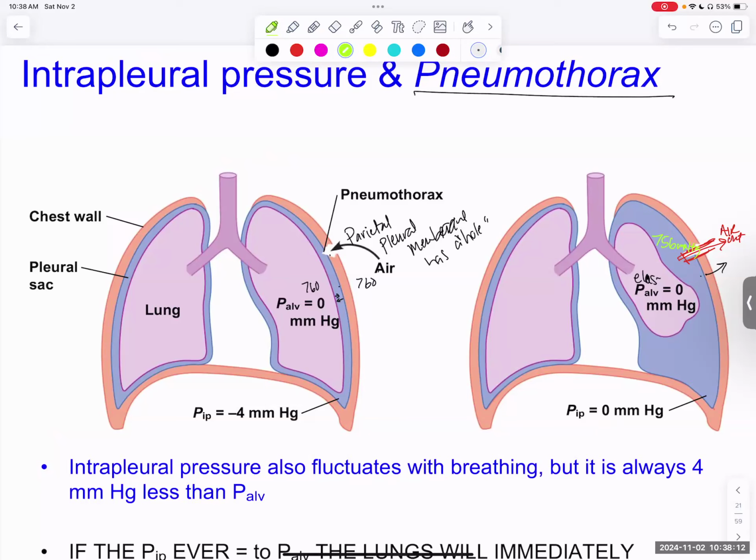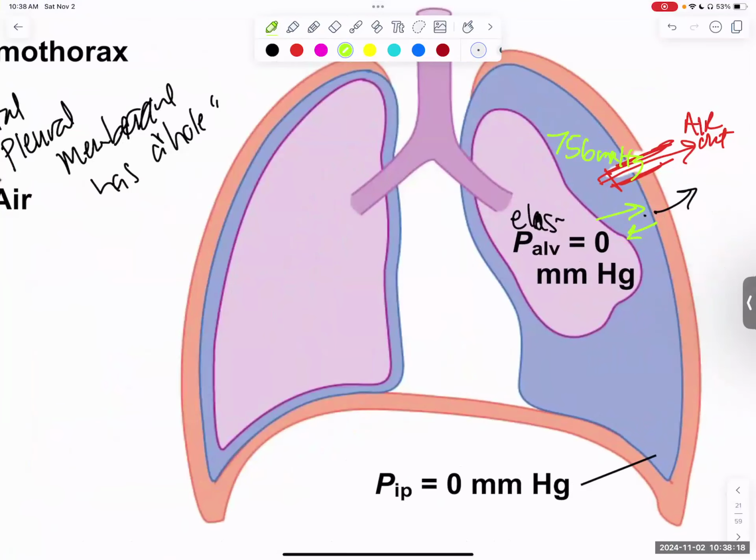So you're pulling pressure out. We now have that surface tension again that will keep the visceral pleural membrane moving with the parietal membrane.